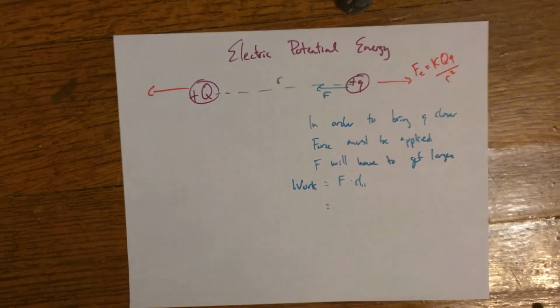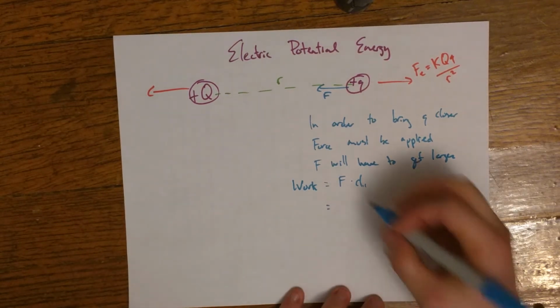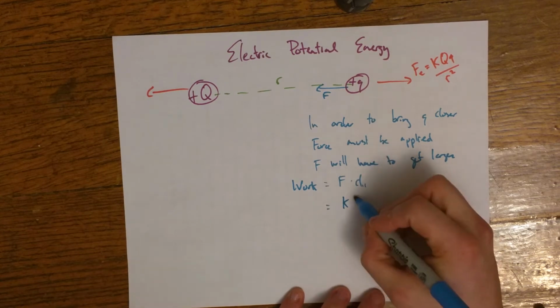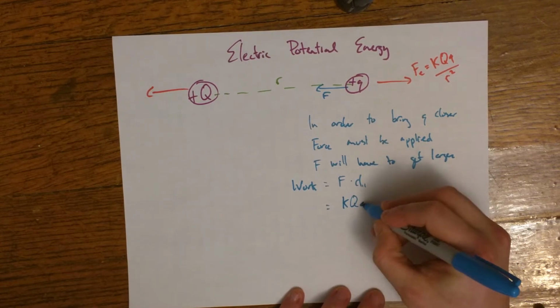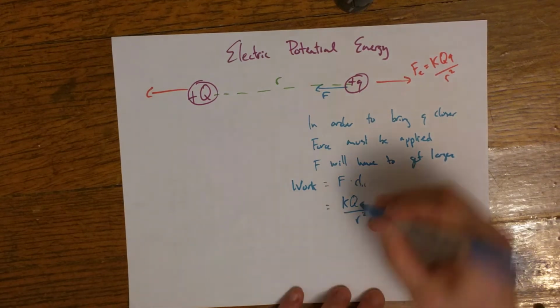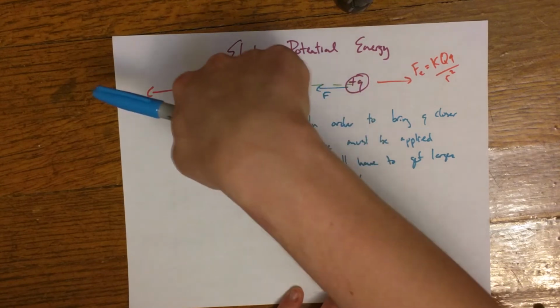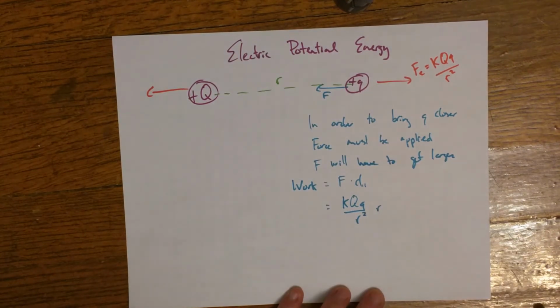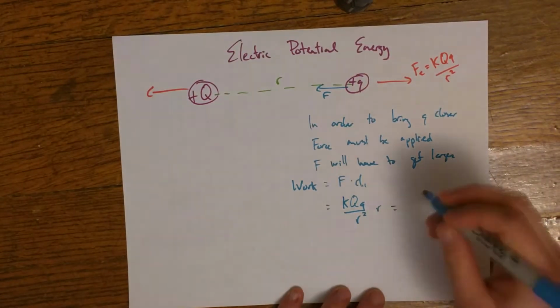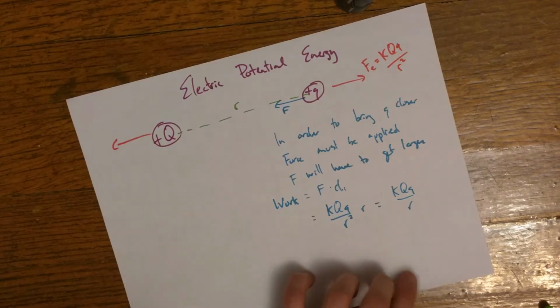If I do a whole bunch of calculus, I can get this relationship, but this is so hand-wavy because this course does not require calculus. Here's my electric force, and my distance is the distance from the origin to positive Q, and I get the work done as KQq over r.